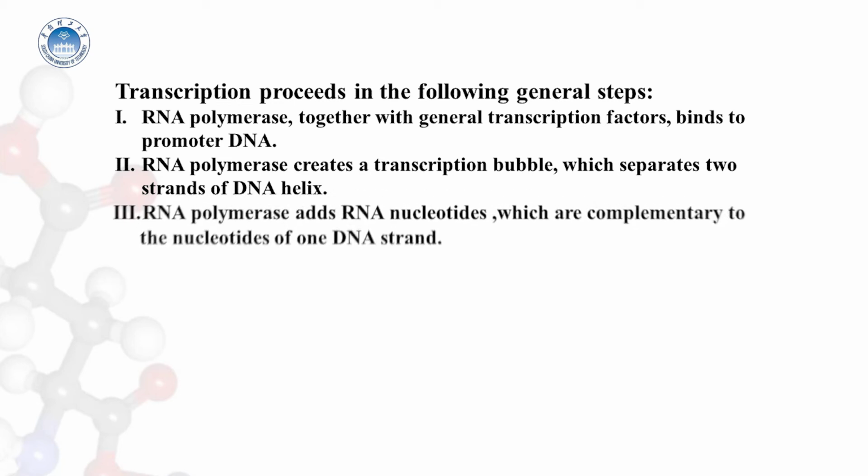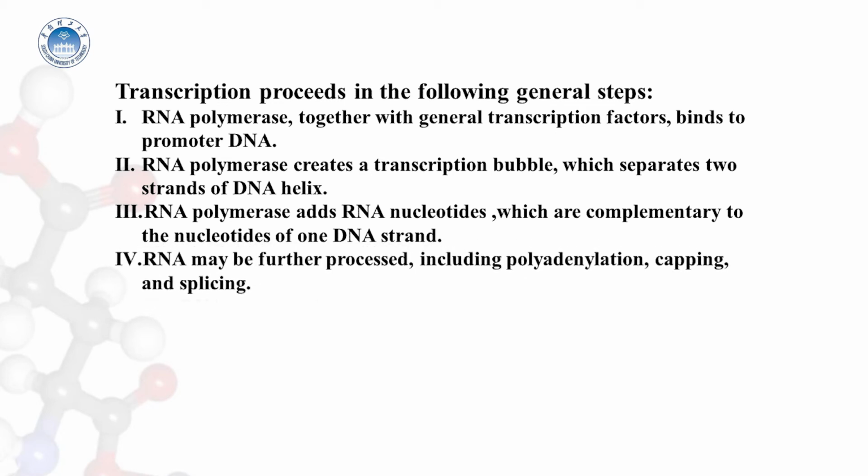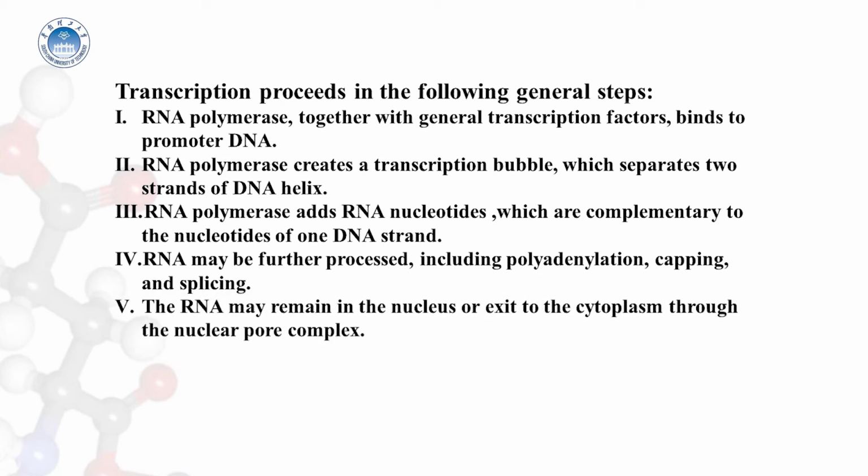And the RNA polymerase adds RNA nucleotides, which are complementary to the nucleotides of one DNA strand. RNA may be further processed, including polyadenylation, capping, and splicing. The RNA may remain in the nucleus or exit to the cytoplasm through the nuclear pore complex.